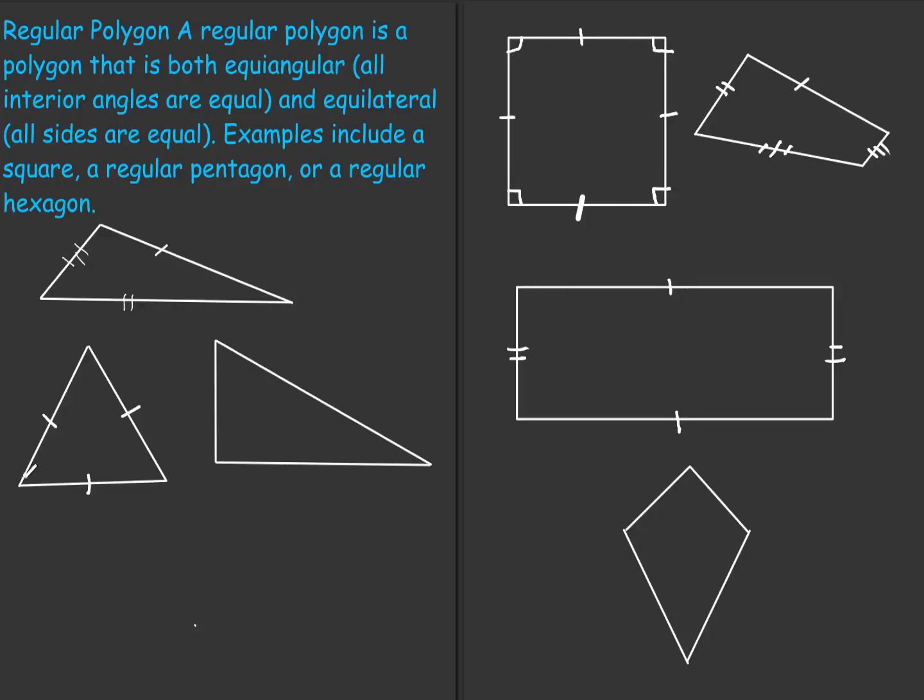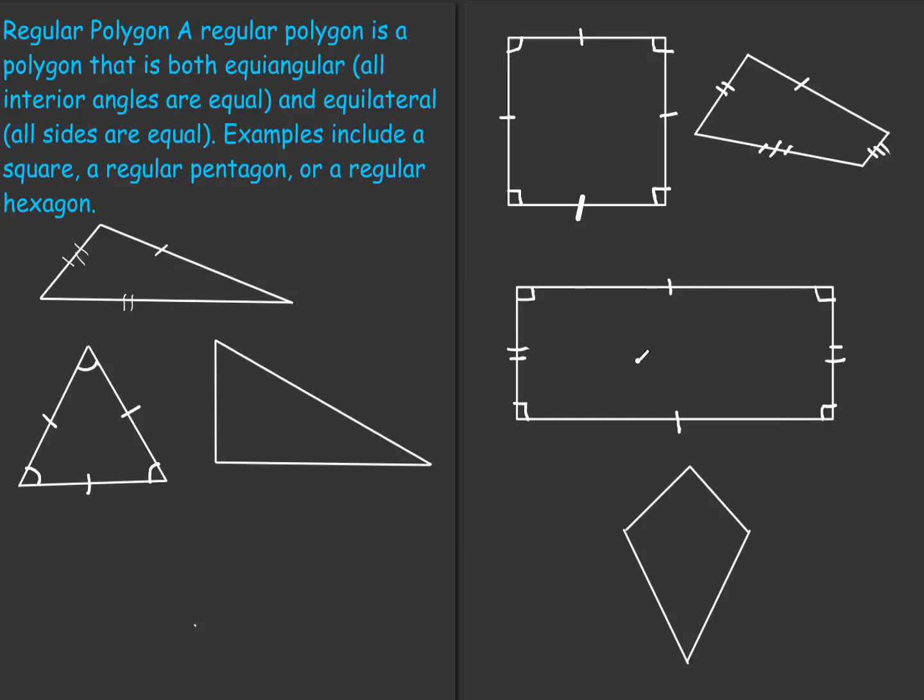The same applies to the equilateral triangle. All are the same. Even though for a rectangle all the angles are the same, hence we can say it is equiangular, it is not equilateral, meaning that the sides are not the same.